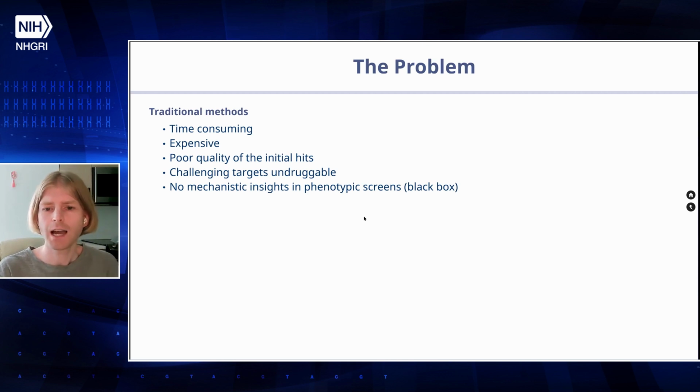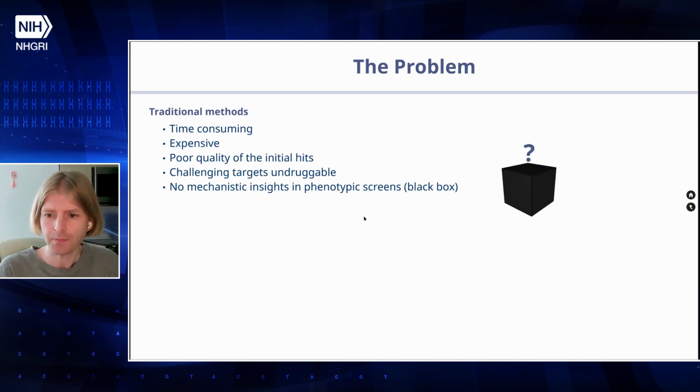Also, if the target is more challenging, like if the target site is more flat, like in a protein-protein interaction, it's often not possible to find small molecules which bind tight enough to the target site. And if we find small molecules with phenotypic kinds of screens, we have also the problem that often we don't know how the small molecule is actually binding to the target protein, or if it's binding to the target protein at all.